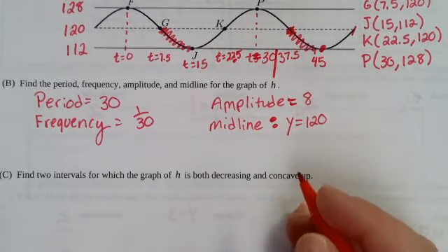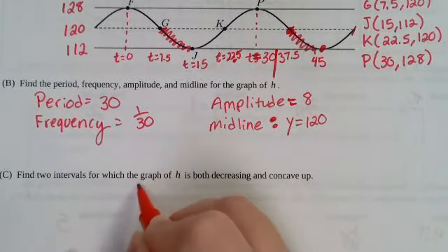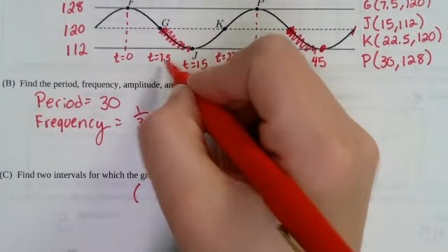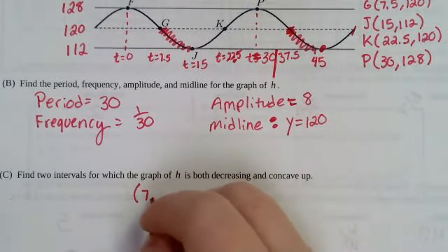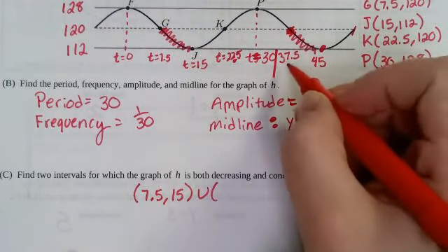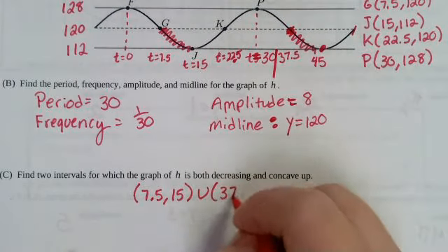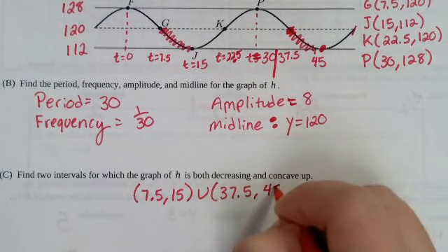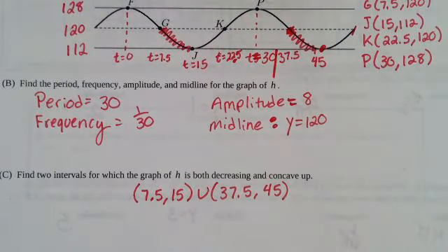The intervals are just asking for your x coordinates. So we're going to say our x coordinate from 7.5 to 15, and then another from 37.5 to 45. That's where it's both decreasing and concave up.